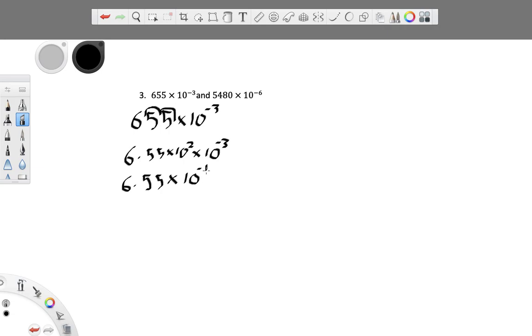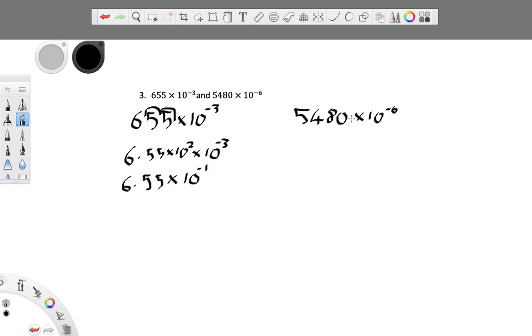So all we then need to do is convert our other number into standard form, and then we can compare them. We've got 5,480 times 10 to the minus 6. And again, we'll do the same thing that we did. We'll put the 5,480 into standard form, and then we'll worry about the powers later.